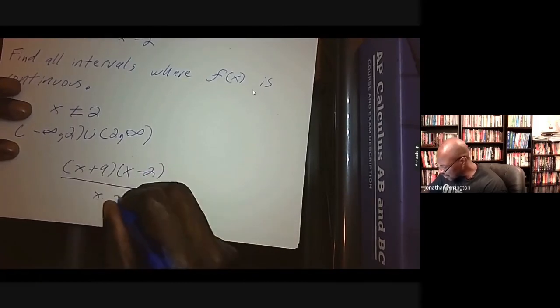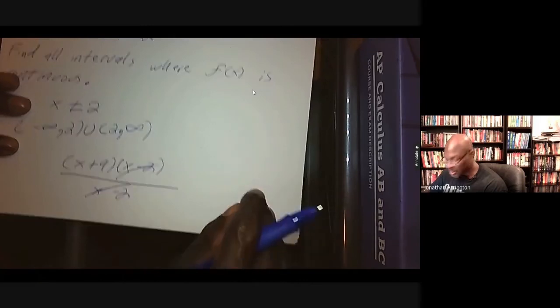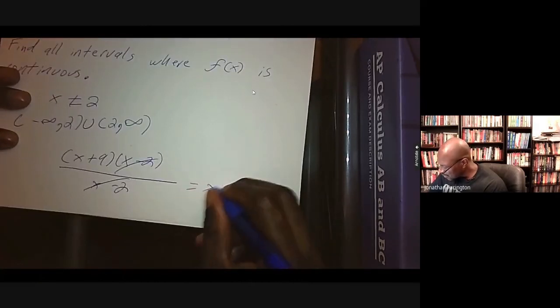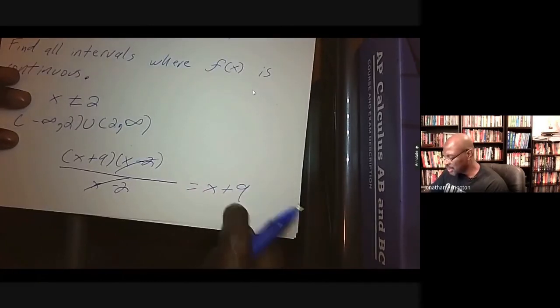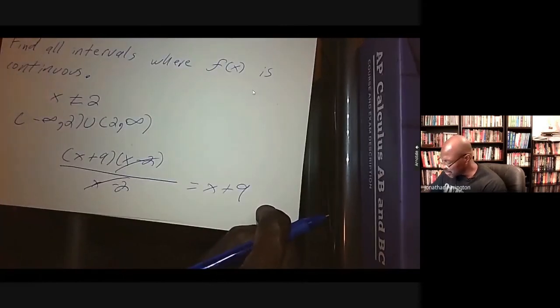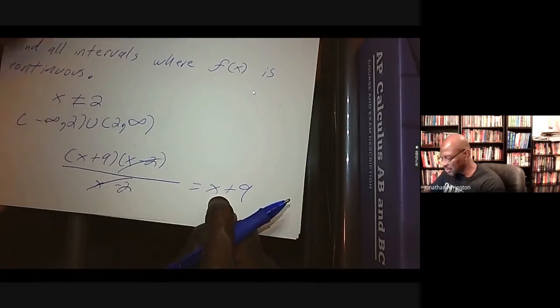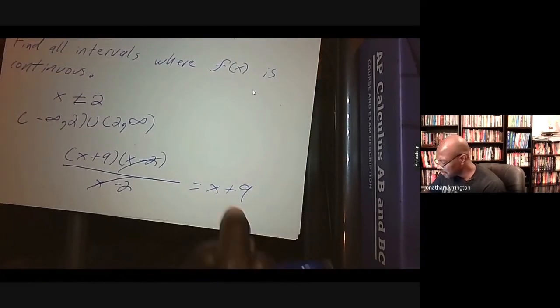And I have x minus 2 on the bottom, so the x minus 2 would cancel. So that means this function is pretty much the same as x plus 9, except where x equals 2. And when x equals 2, x plus 9 is 11, but when x equals 2, f of 2 is undefined.